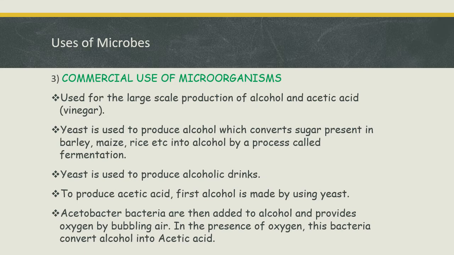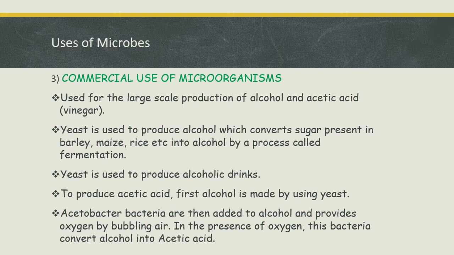Yeast carries out anaerobic respiration by the mode of fermentation, so that the sugar is converted to alcohol. The second step is acetic acid production. So the first step is alcohol production. After the production of alcohol, it is converted to acetic acid with the help of a bacterium named Acetobacter.